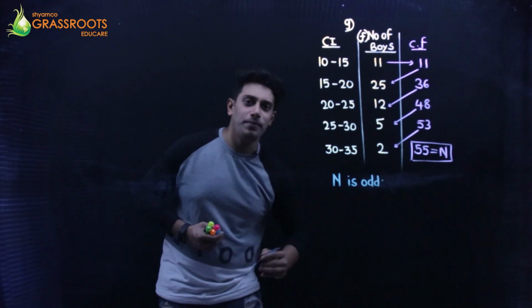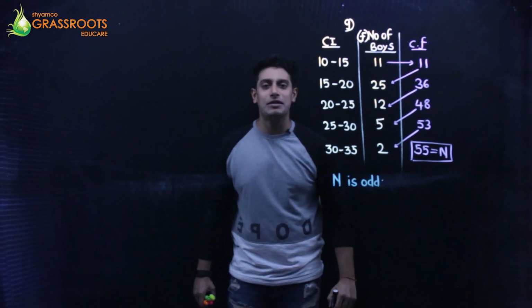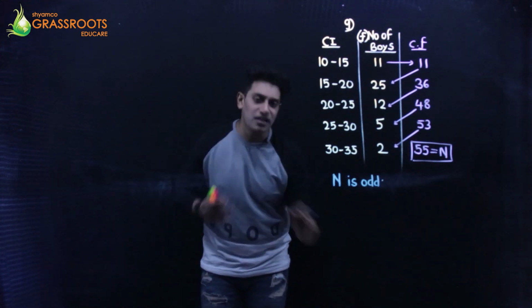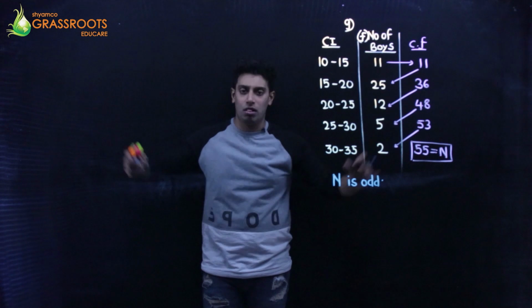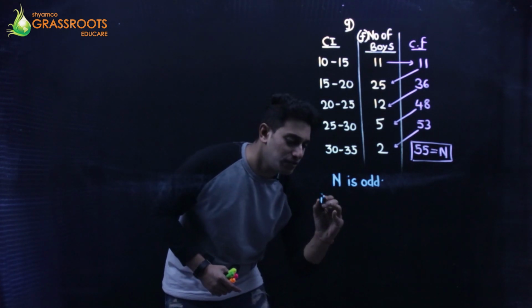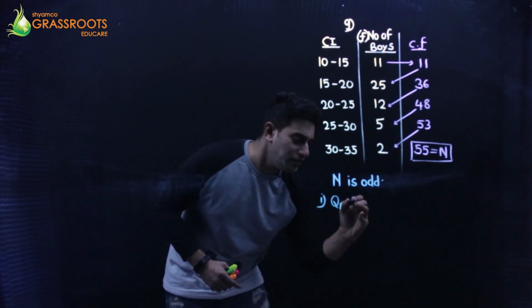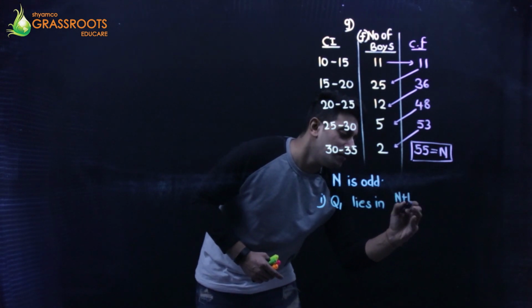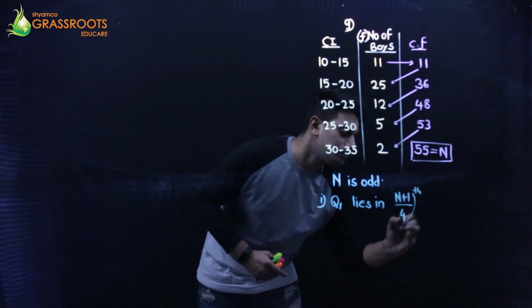So let's start with the formula. The question is only asking for the median, but I'll find everything: the lower quartile, the upper quartile, the median, all. First, lower quartile Q1 lies in the N plus 1 by 4th term.